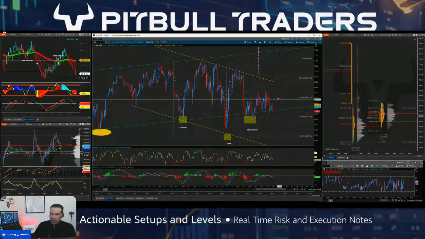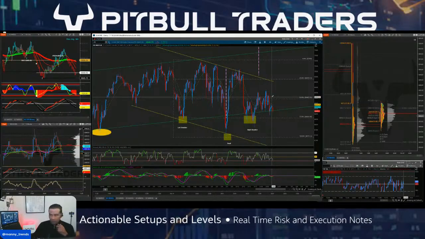Now we are in the lower half of that balance range. So going back to the chart, keeping in mind, we have this 6,800 support level.